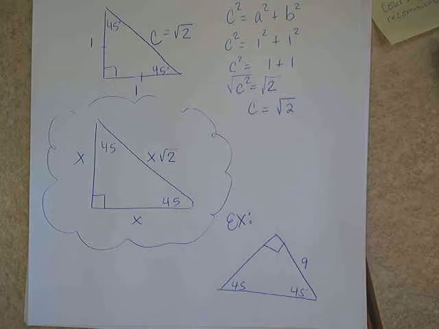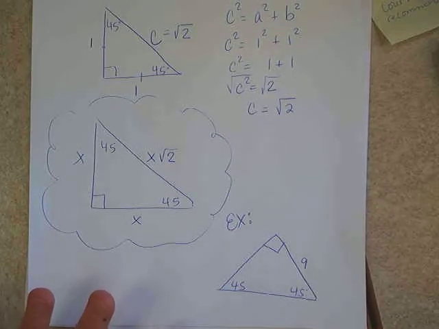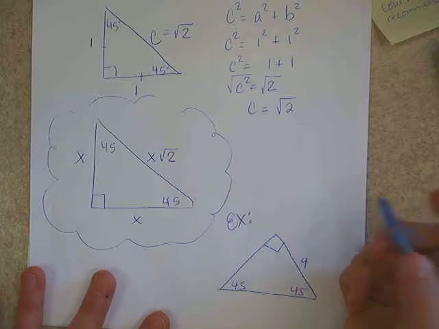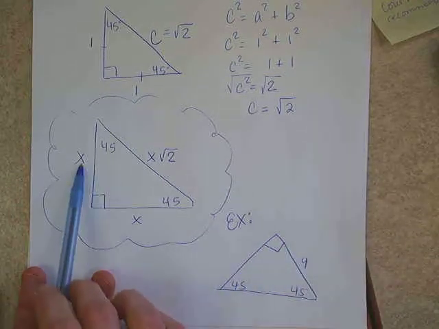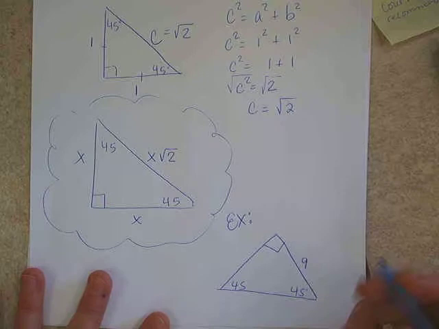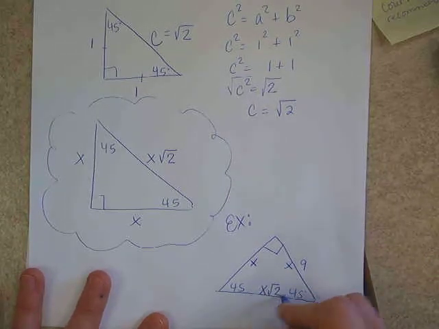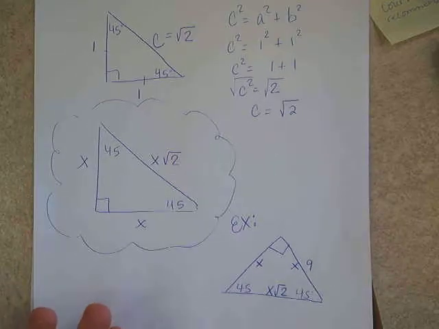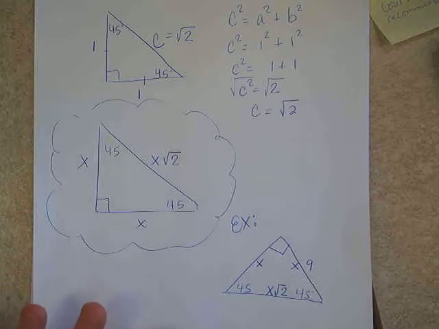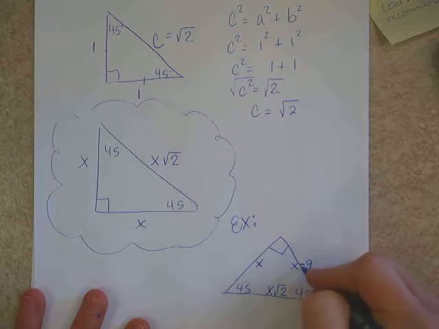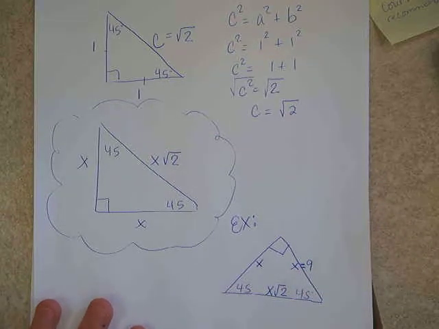You can use S, which is typically what the book uses, but S is not always that great because sometimes it looks like a 5, and you don't want to mistake it for a 5. I'm just going to use X, but it can be any variable. So inside the two legs, we're going to take those ratios and actually write them inside. So we have x, x, x square root of 2. What this allows me to do is figure out what x is, and then I can plug it in anywhere else that I see an x.